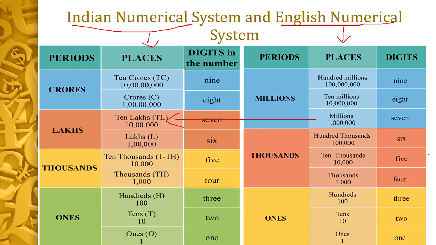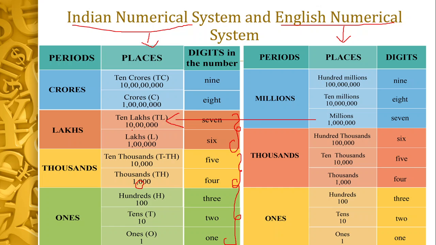And even when you are putting commas for the numbers or the values, see the changes here. Under Indian numerical system, the first comma would be put after 3 digits, after the 100. Here for the 1000, the first comma would be put. The second would be put after 2 digits, and the next once again after 2 digits.